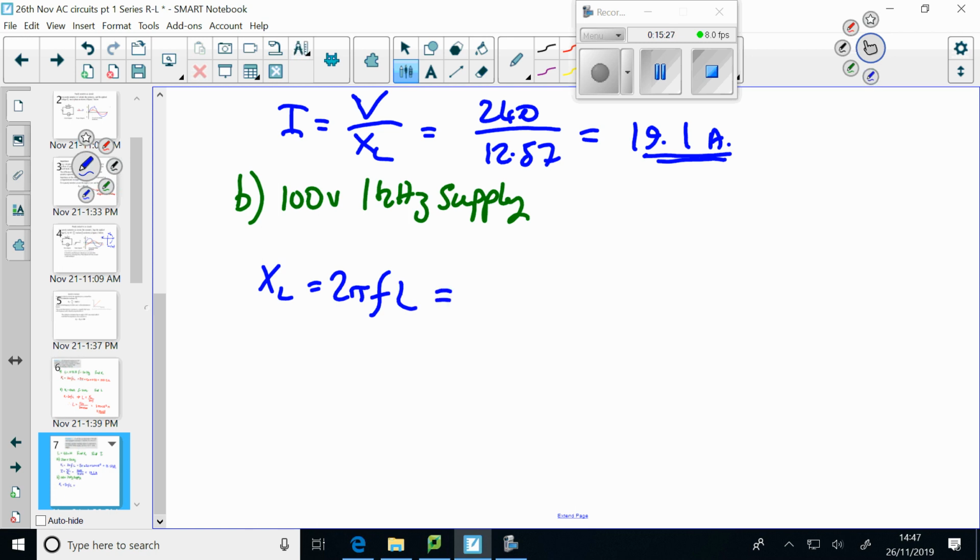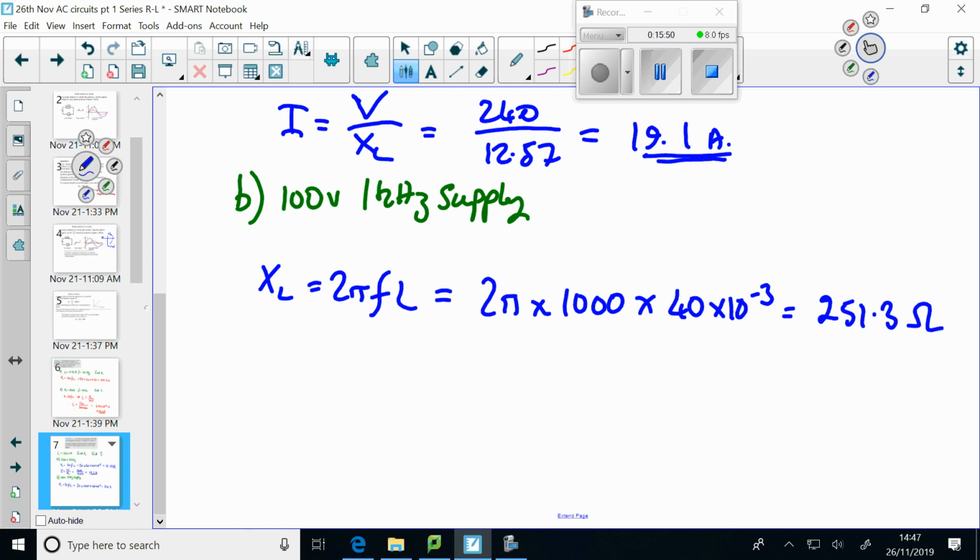The inductance hasn't changed, but the frequency has. So it's 2 pi times 1,000 times 40 times 10 to the minus 3, which is 251.3 ohms.